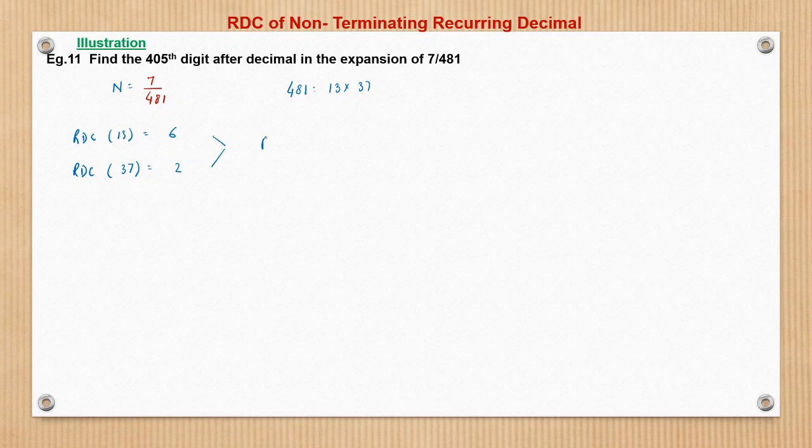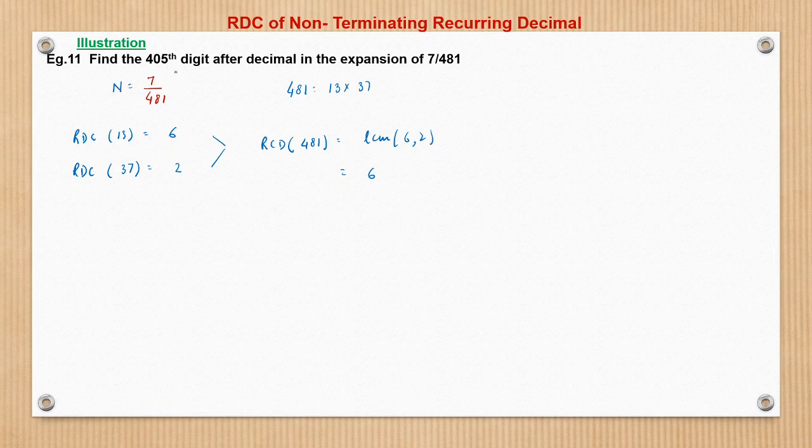So from these two, we can say that RDC of 481 would be nothing but LCM of 6 comma 3, right? Because here 481 we have broken into two co-primes, so it becomes 6. So RDC of this is 6. So we know that for 7 upon 481, the decimal would repeat after every 6 digits. So the pattern is of 6.